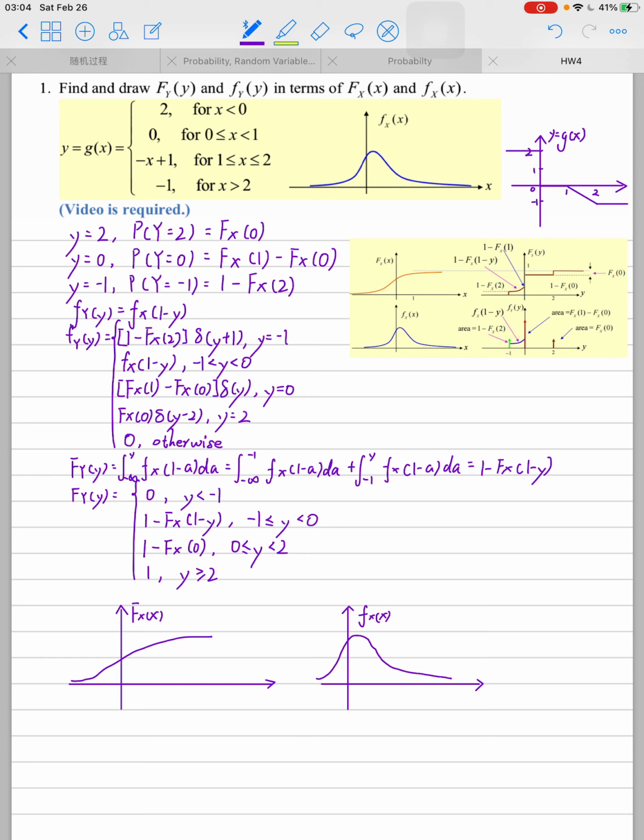F_Y(y) equals 1 minus F_X(0) when 0 is smaller than y and y is smaller than 2. And F_Y(y) equals 1 when y is larger than 2. And then we can get the diagrams of F_Y(y) and f_Y(y).